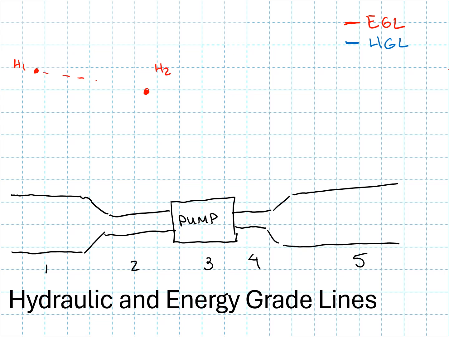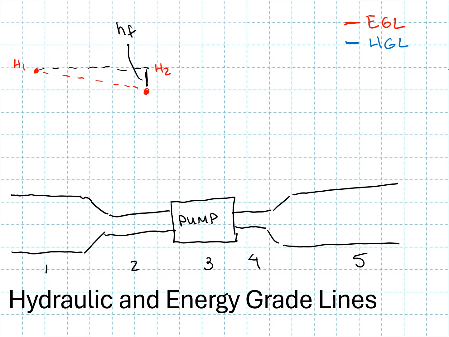So I've got a gradual downward sloping between 1 and 2. And again, if I compare this to the horizontal, that distance is going to have the value of energy that's been lost to friction as the flow has gone between points 1 and 2.